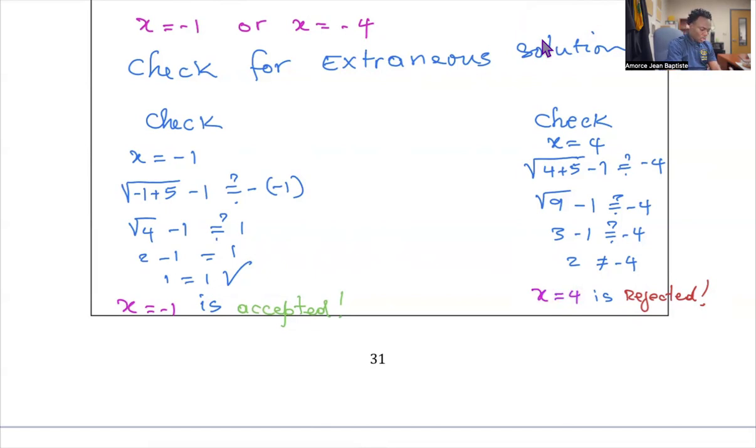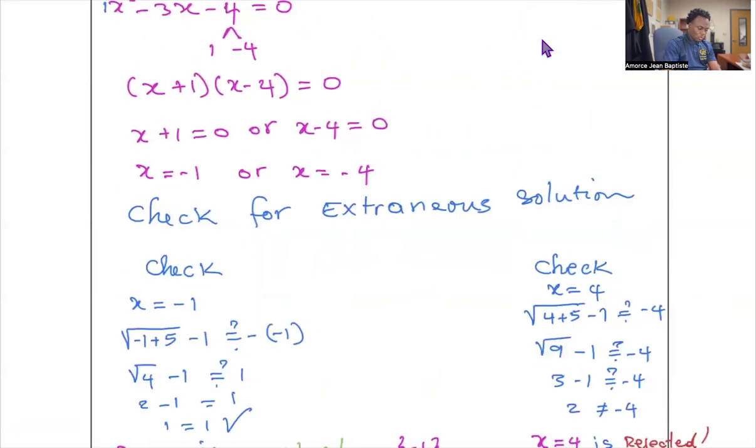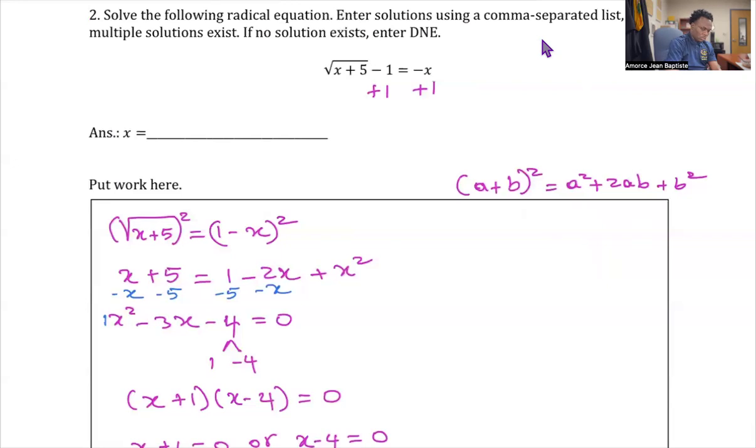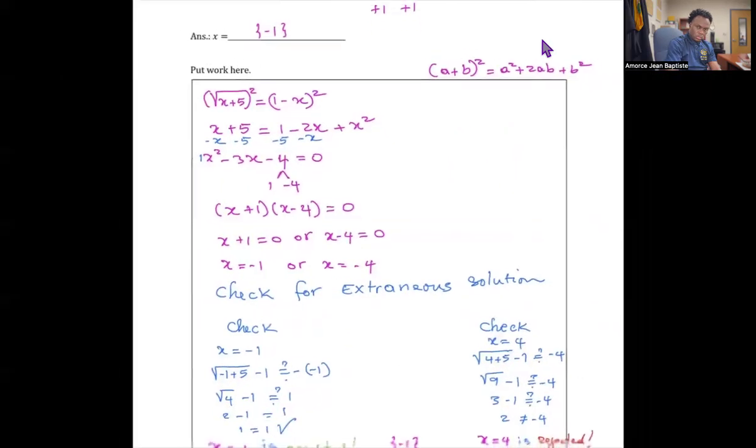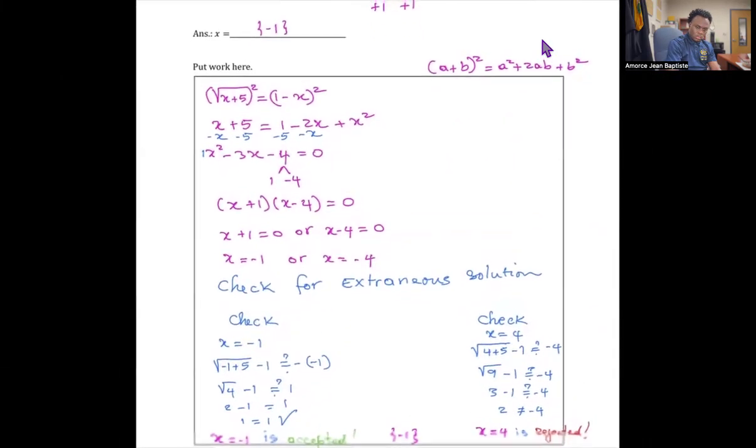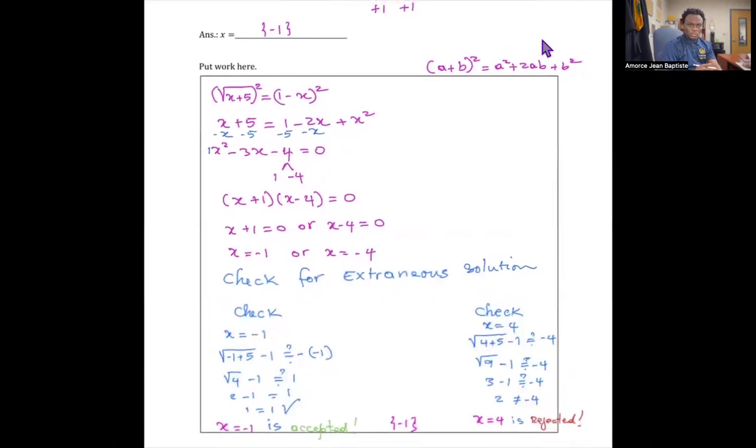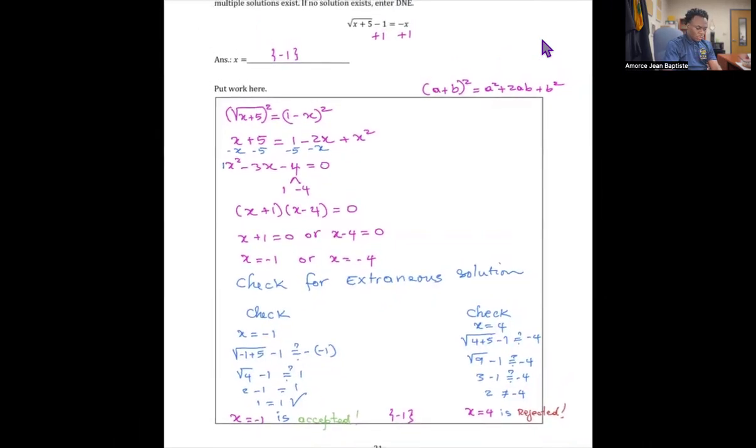And your solution here will be just -1. Okay. That is the second example.